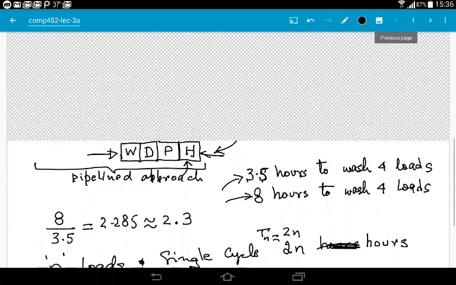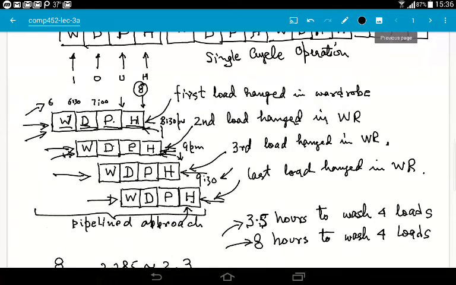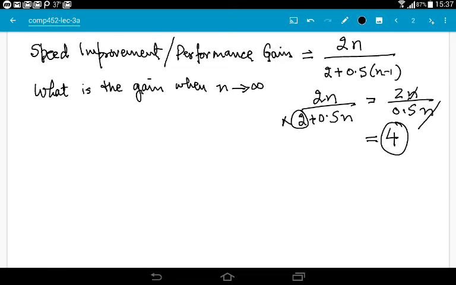Now you can very easily see here that every half hour, or every 0.5 hours, one load is being completed.